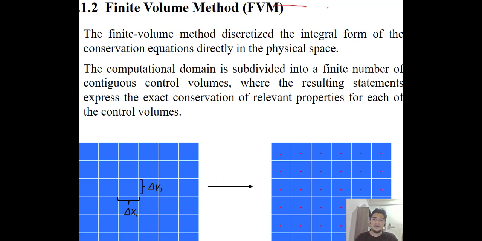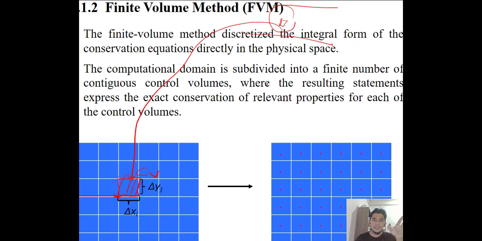If we have a straight geometry and we want to know exactly what happens at one point, we extract this one point, and then we have to come up with the calculation of how to get the value of psi in this box, or control volume. We have to discretize the geometry properly.